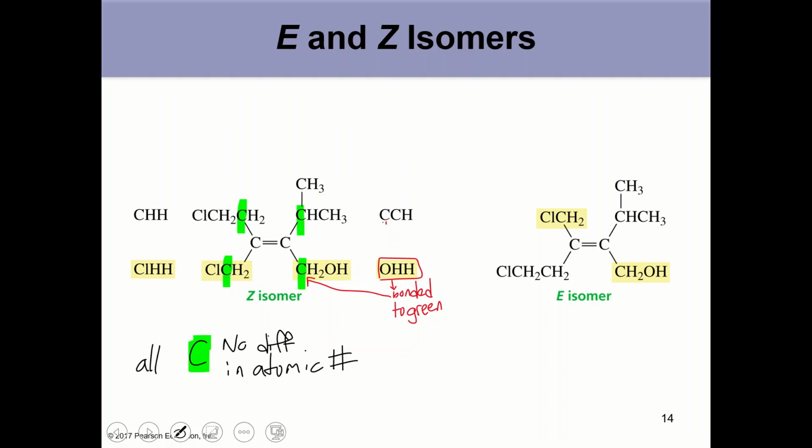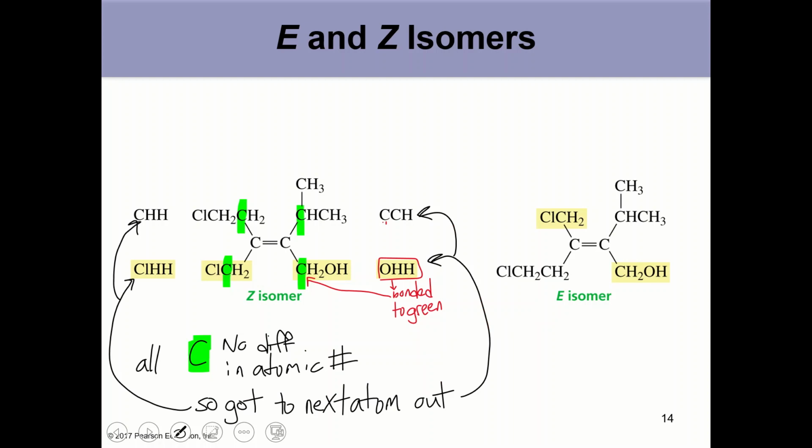So these green carbons cannot be used to determine whether the molecule is E or Z. The next step is to go one bond out and look at the atoms connected to that carbon, one bond further away from the vinyl carbon. Let me explain.